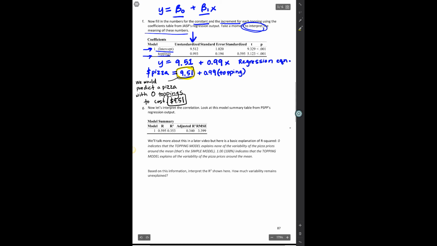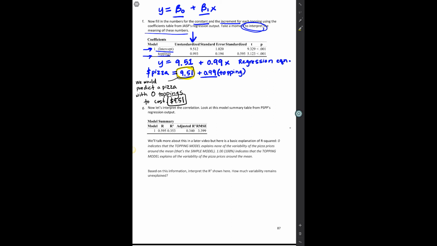So that takes care of the first number. But what about the second number, the 0.99? Yes, that is the slope, but that's not all that I'm looking for here. I want to know, what is this 0.99 telling me about the relationship between my x and my y? If I had a pizza with 0 toppings, I would expect it to cost $9.51. What if I put 1 topping on it?